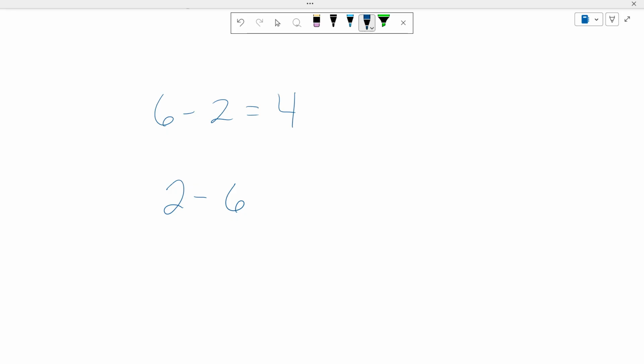So what we're going to do is change that to an addition problem: 2 plus negative 6. You have 2 yellows, 6 reds. You can take these 2 and take 2 away from here. What's left from here?